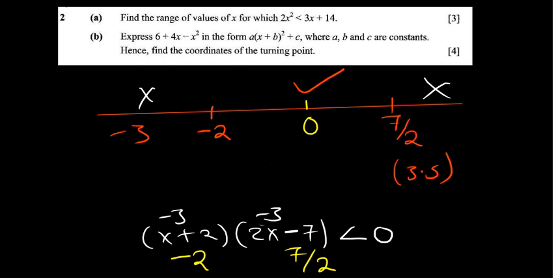A positive is greater than 0, so this part has refused, as predicted. For a number greater than 3.5, we could just take a 4. Here we are going to have a 6, which is positive, and 4 times 2, which is 8, minus 7, which is also positive. So we get a positive, which is obviously not less than 0. So only the middle part has agreed. Therefore, our solution is negative 2 less than x less than 7 over 2.